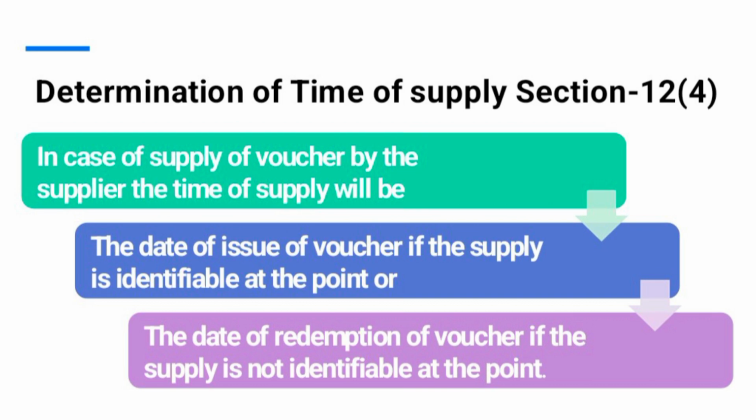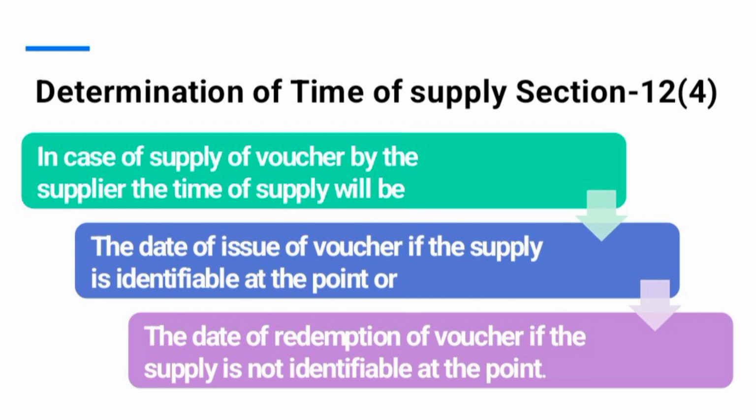That means it is clearly identified that the voucher is only used for Domino's Pizza. The description is identified here, and when the description or specific item is identified in the voucher, the time of supply will be the date of issue of the voucher.